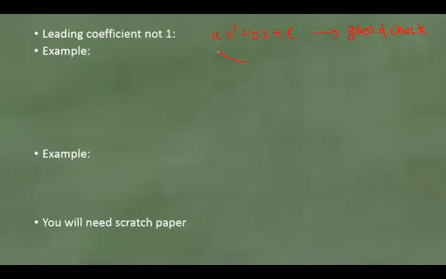Usually we can try to find factors of a and factors of c, and we can guess that our factored form has to look something like something x plus something times something x plus something else.